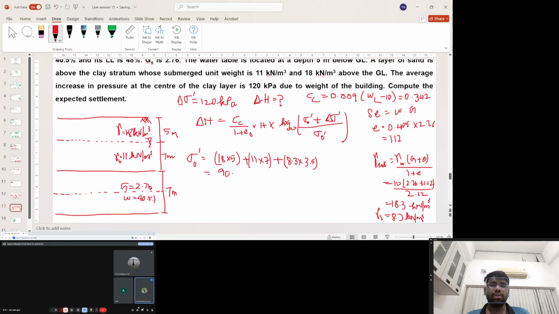This will be 90 plus 77 plus 8.3 into 3.5, which is 29.05. Adding 90 plus 77 comes to 196.05 kilopascal. You are getting this value? Yes, sir.